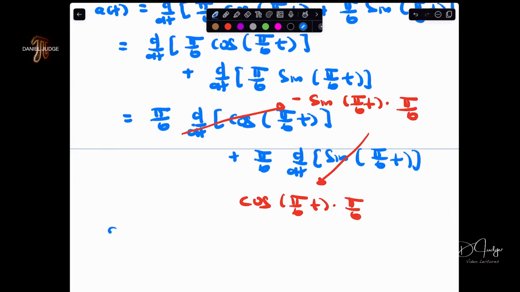So here's your acceleration. If we look at every detail here, pi over 6, pi over 6, there we go. Cosine, we got it all here. So here we go.